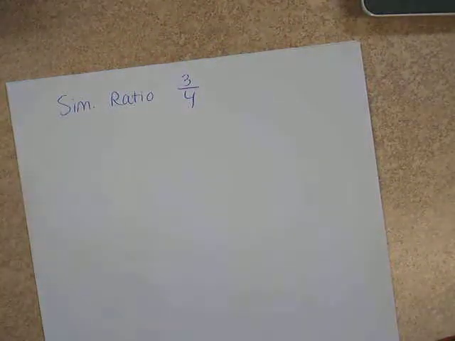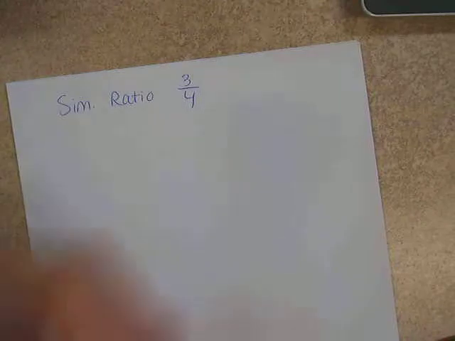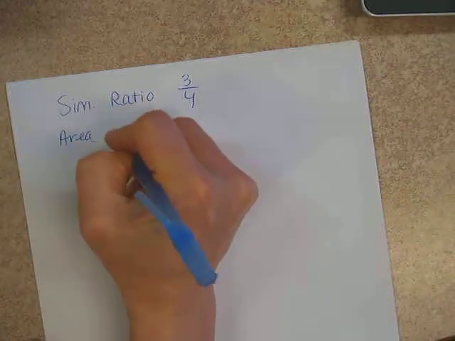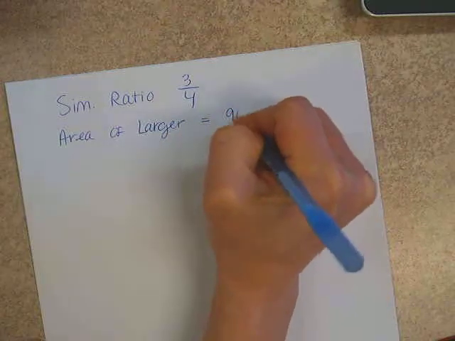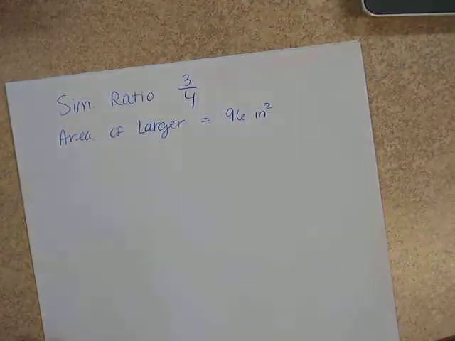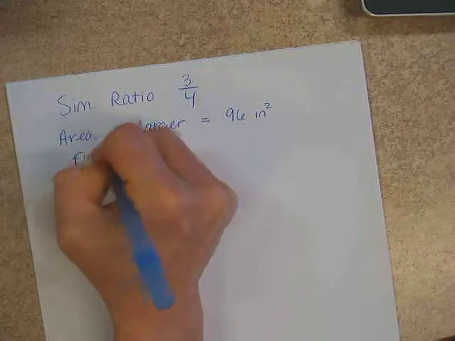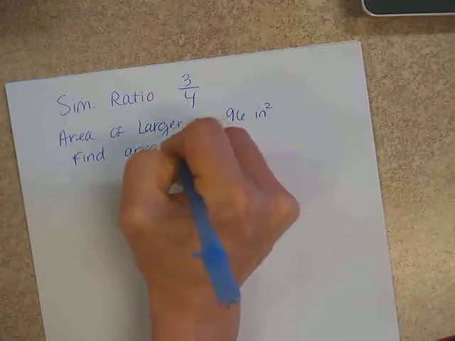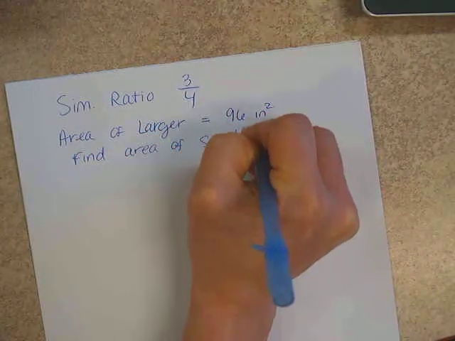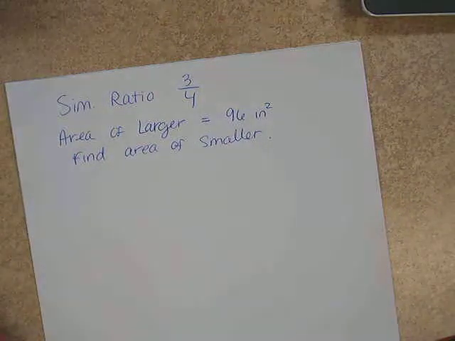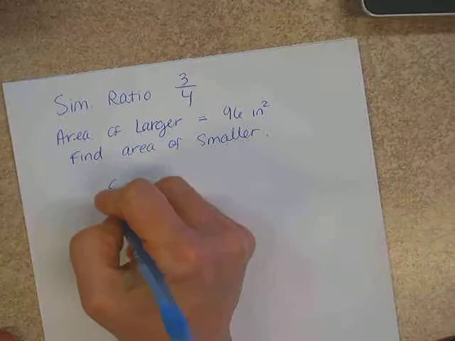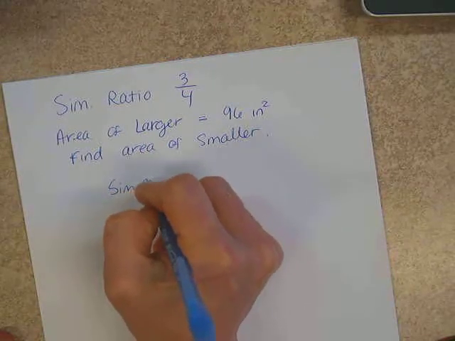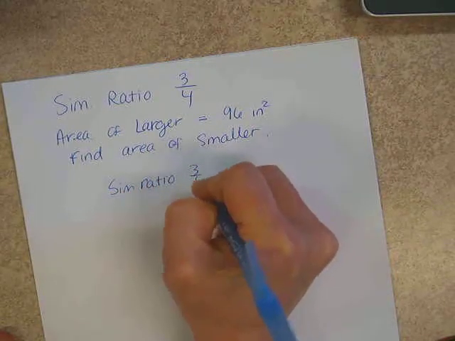Okay, they might not give you a picture. So if they said corresponding sides of two similar parallelograms are in the ratio 3 to 4, okay, then we know we have a similarity ratio of 3 to 4. The area of the larger equals 96 square inches.